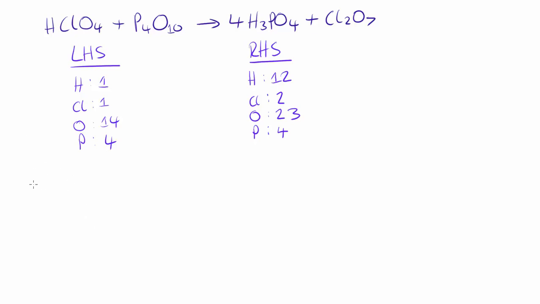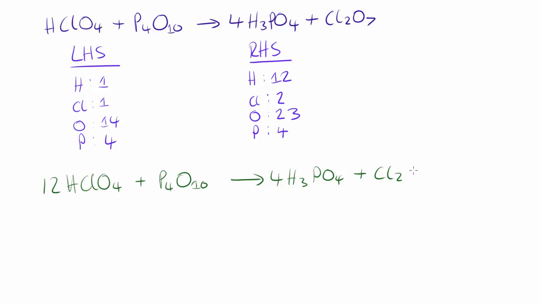So the new equation with the addition would be 12 HClO₄ plus P₄O₁₀ produces 4 H₃PO₄ plus Cl₂O₇.